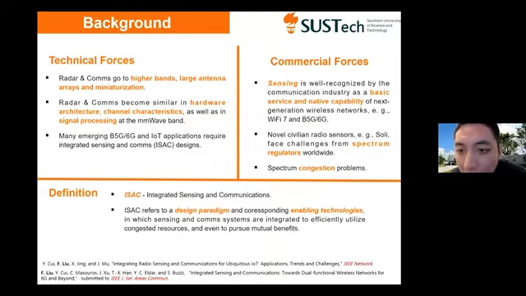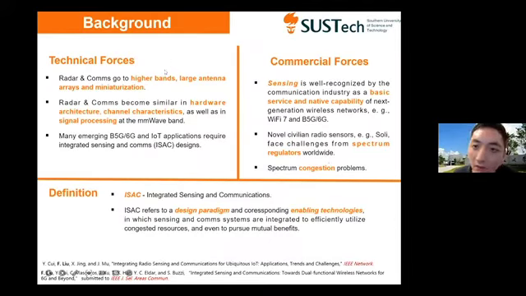They are facing challenges from spectrum regulators worldwide. As far as we know, Soli is still restricted in many countries due to spectrum regulations. And of course, there are spectrum congestion problems, as we are demanding more and more spectrum for wireless communications.